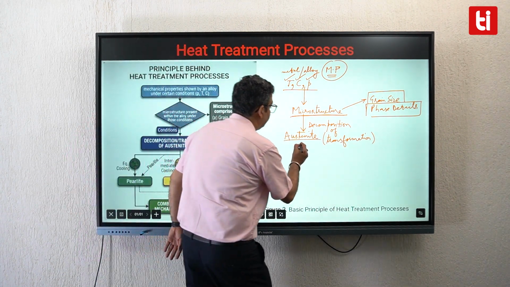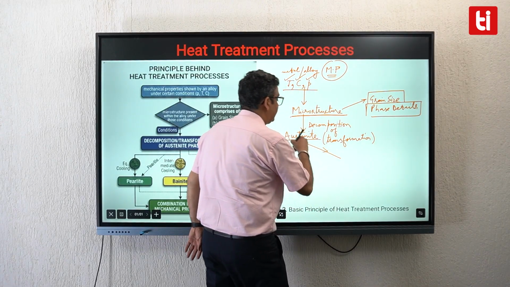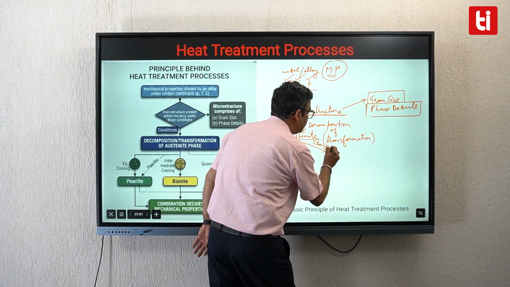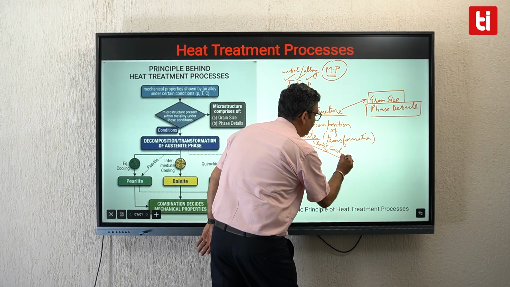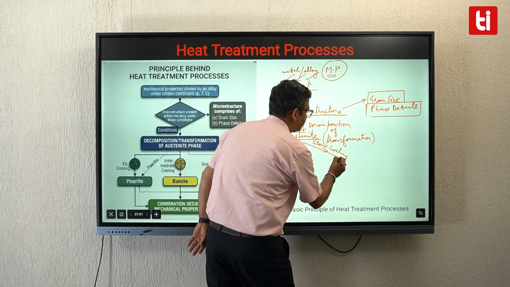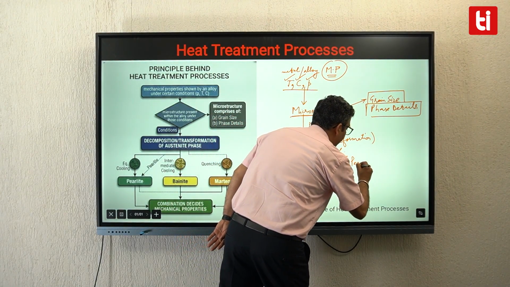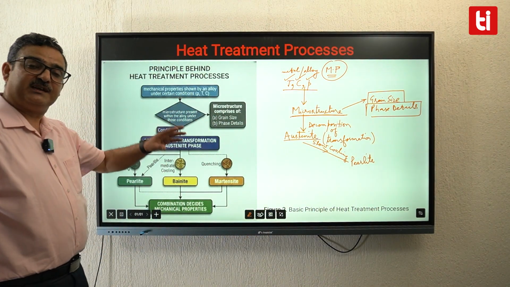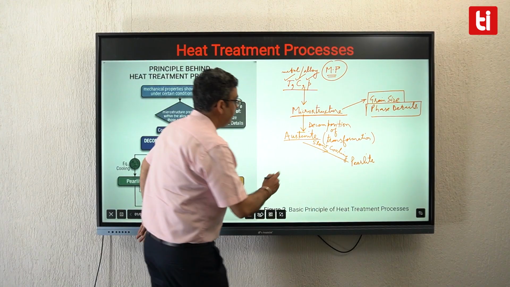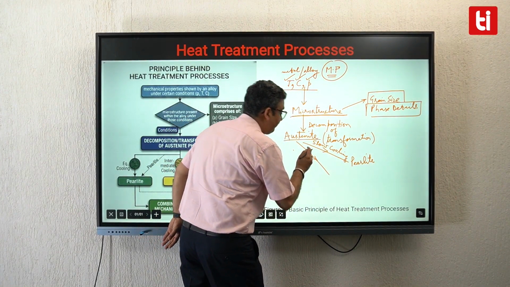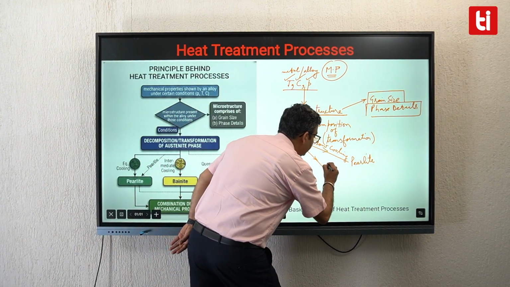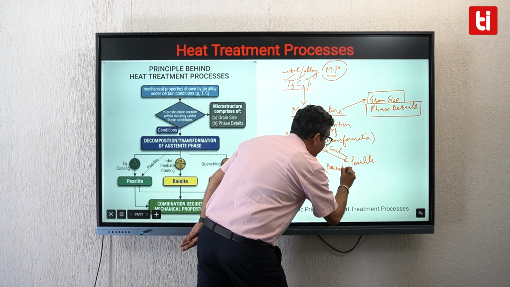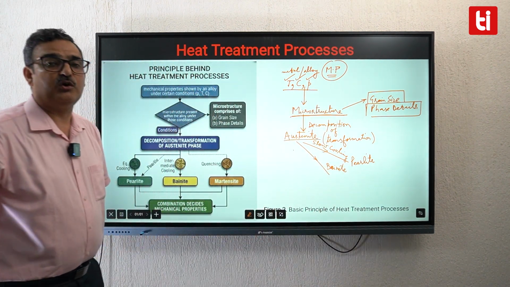For example, if you have an austenite containing steel at a high temperature and you do equilibrium cooling or slow cooling, austenite will have only one option, and that is to change into perlite phase mixture. But if in the same steel the cooling was at a faster rate, it will not change into perlite, but into another phase mixture which is called bainite.